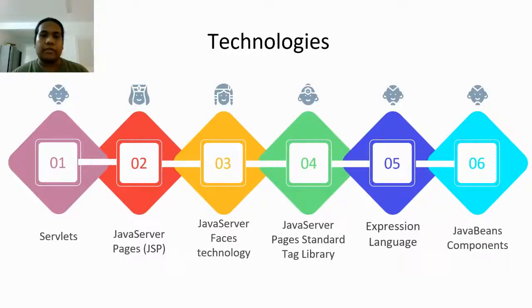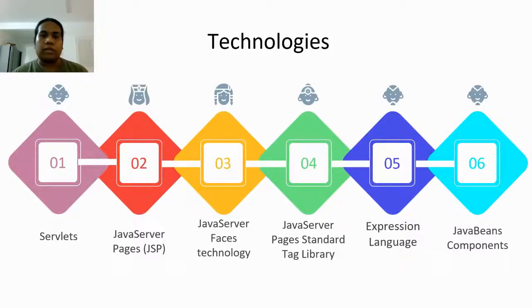Next is JavaServer Faces technology, a user interface components framework for web applications that allows you to include UI components such as fields and buttons on a page, convert and validate UI component data, save UI component data to server-side data stores, and maintain component state.